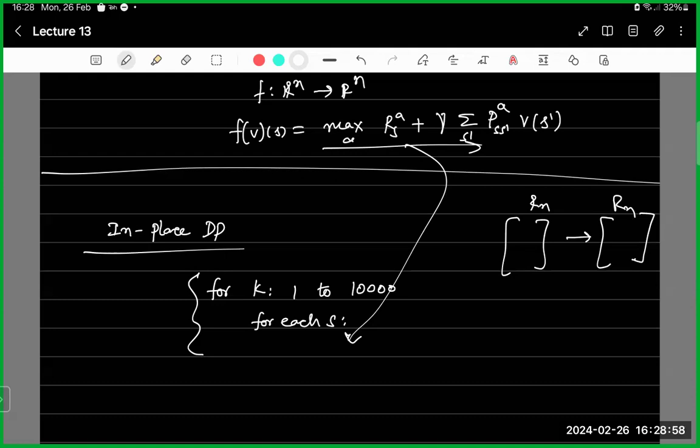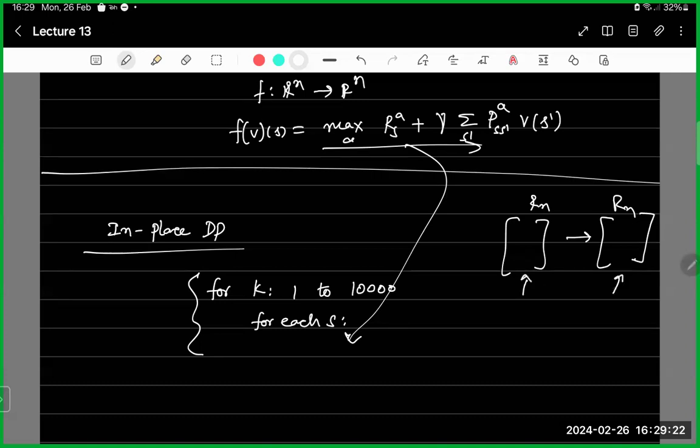This is the standard way of implementing value iteration. It is called the synchronous way of implementing, in the sense that for every state you are updating V of s in every iteration. And you have to maintain two copies of this.